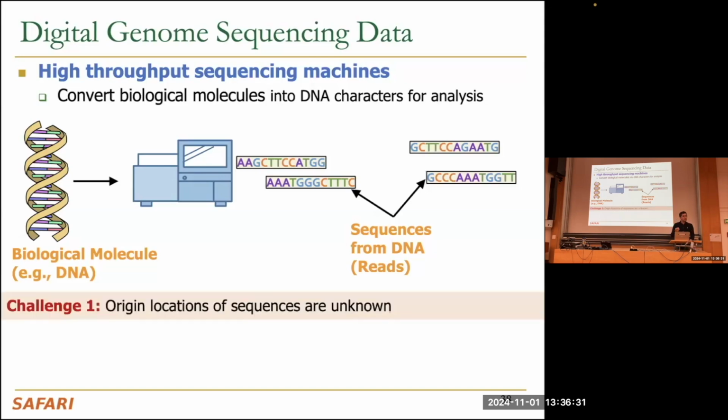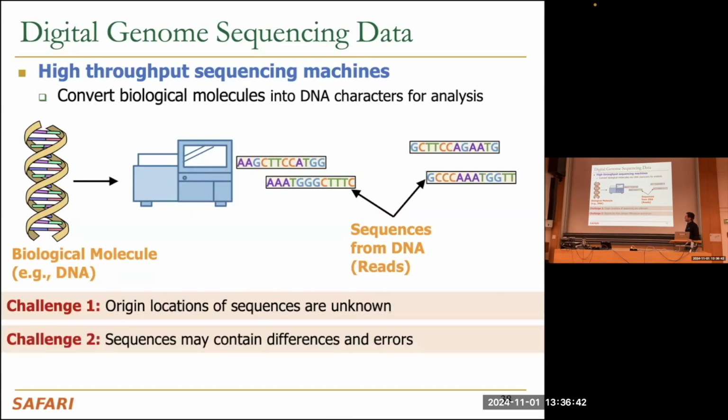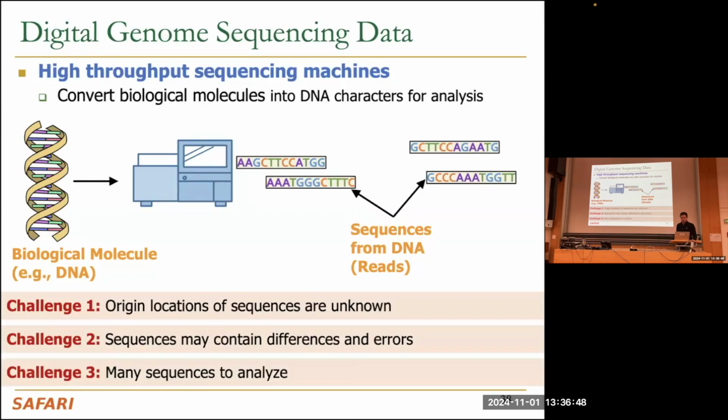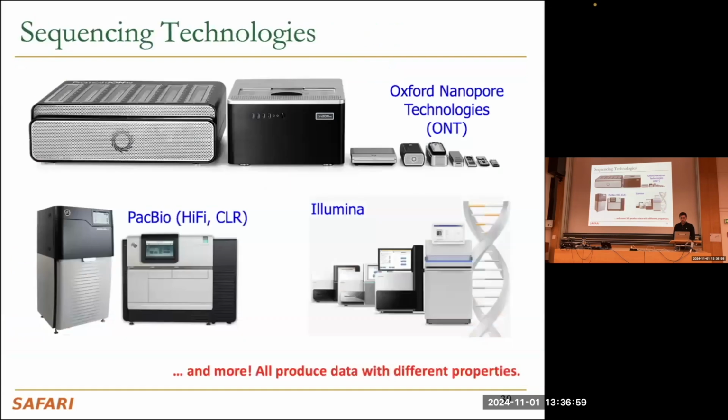There are certain challenges to this data analysis. One challenge is that once we convert this into digital form, their origins are lost. So we don't know where they are coming from in your genome. The second challenge is these sequences may contain some variations or errors, so you need to deal with them. The third challenge is that there is a large volume of this data that we need to analyze and compare against a large space of the reference genome.